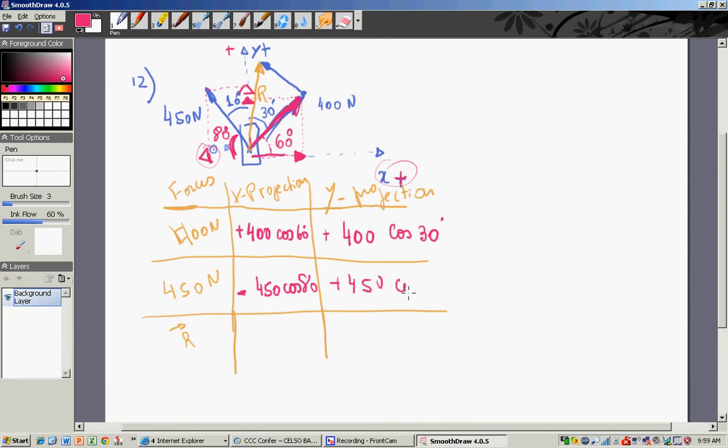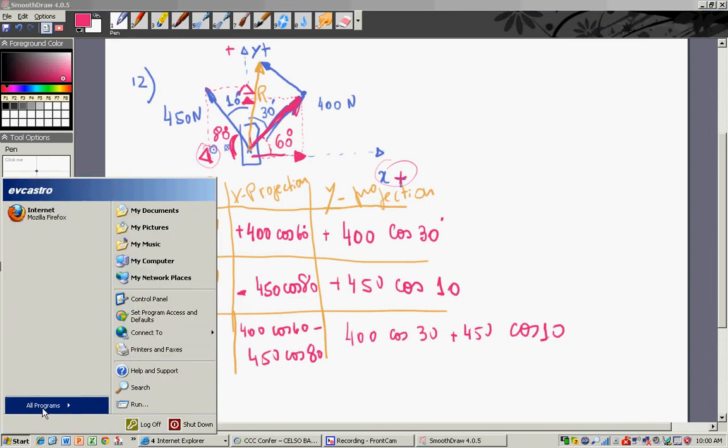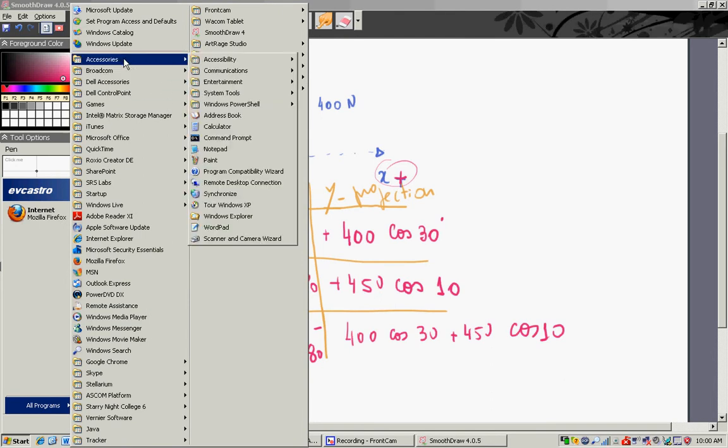And the projection in y is going to be positive. See that? Positive 450 cosine of the angle between vector and axis. So what do we do next? We sum these numbers. 400 cosine of 30 plus 450 cosine of 10, or 400 cosine of 60 minus 450 cosine of 80.